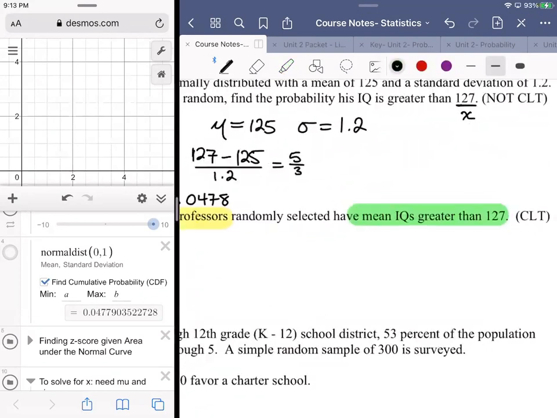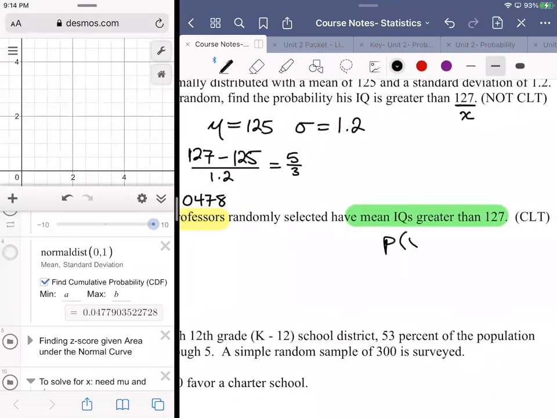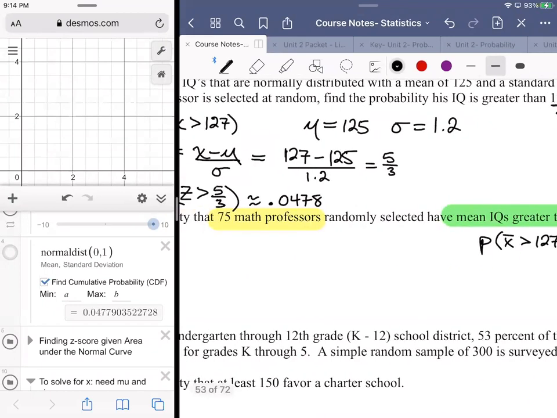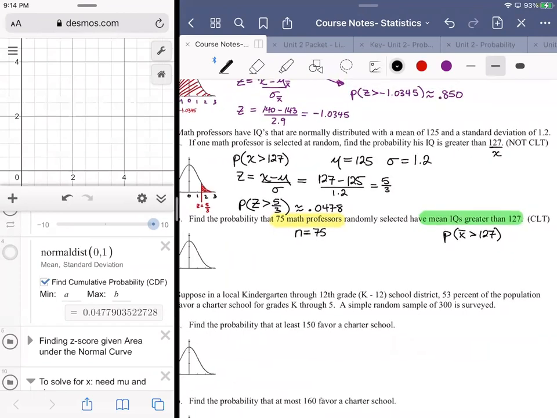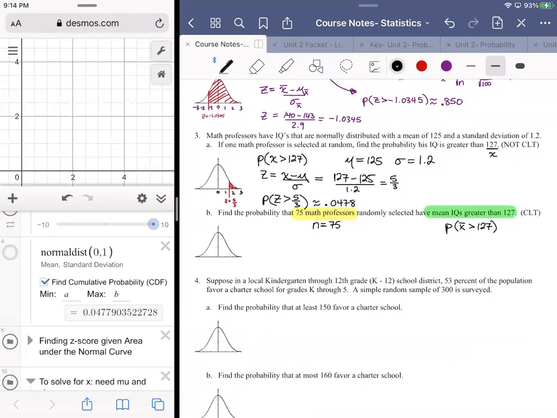So the probability that X bar is greater than 127, knowing that N is equal to 75. That's a different question, because if it's pretty rare for an individual's IQ to deviate from the norm, then to get a group of 75 to deviate from the norm is going to be even rarer, right?